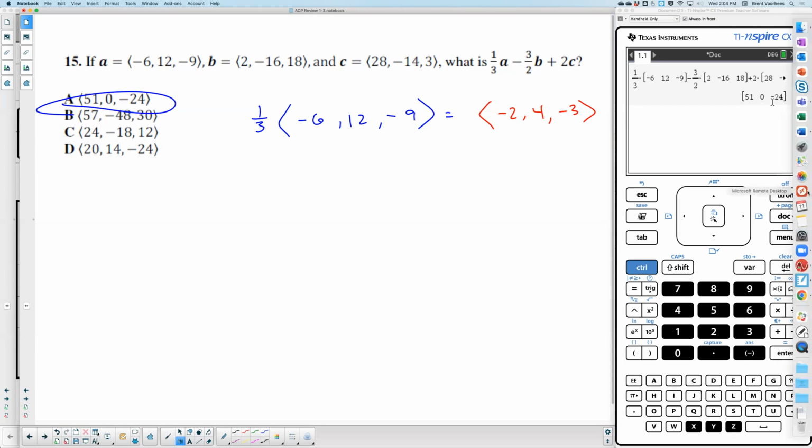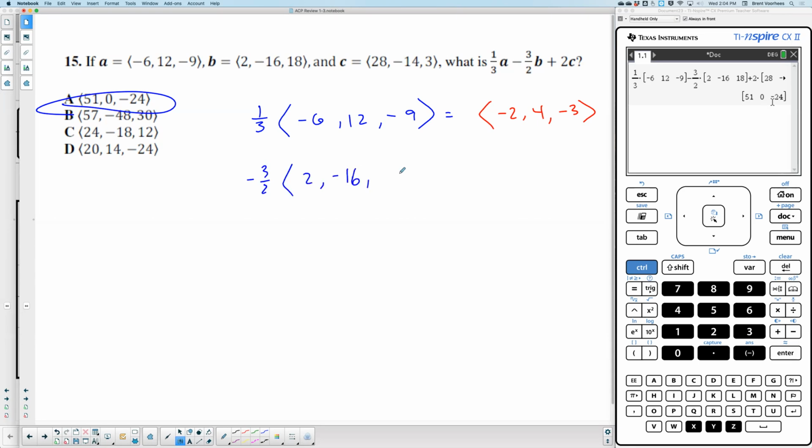And then I do the same thing with -3 halves of B. If you distribute this through -3 halves, you multiply by -3, which is a -6, then you divide it by 2. And so, yes, it is a -3. Positive 24 and 27, -27.